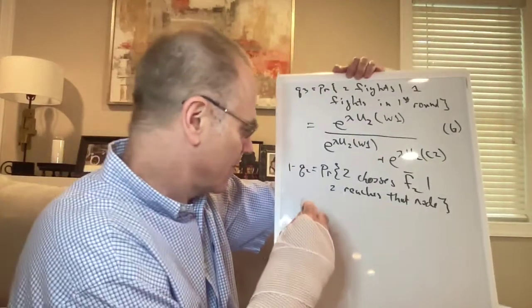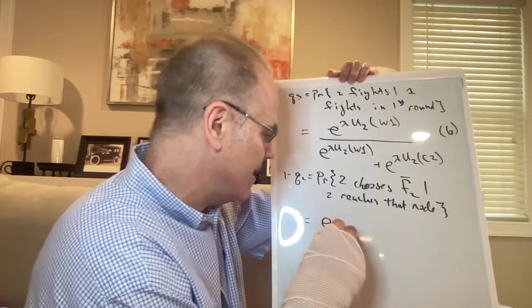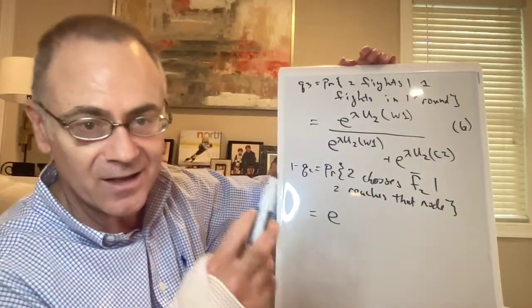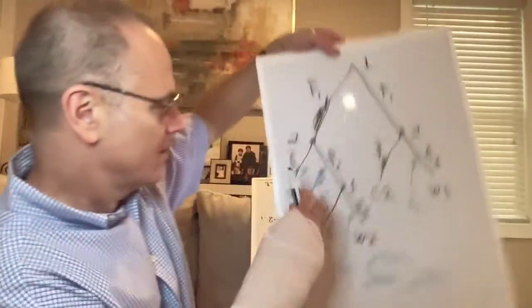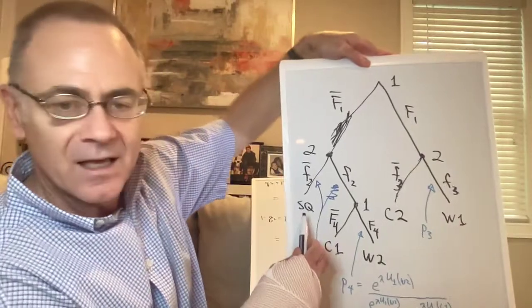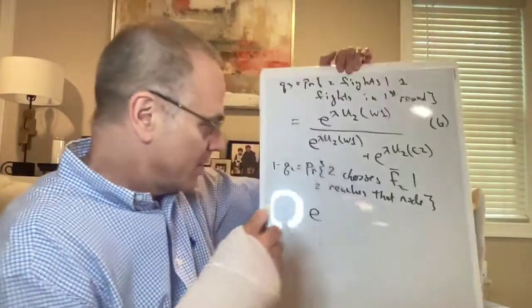That equals, okay, we're going to do the McFadden trick, e to the scene utility going here, and so that is U sub 2 of status quo times lambda.